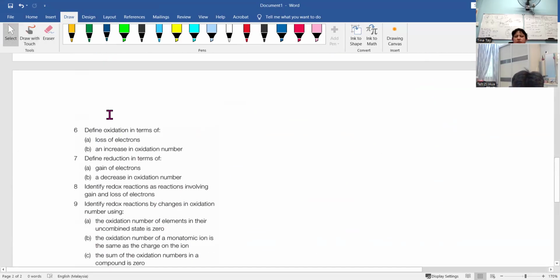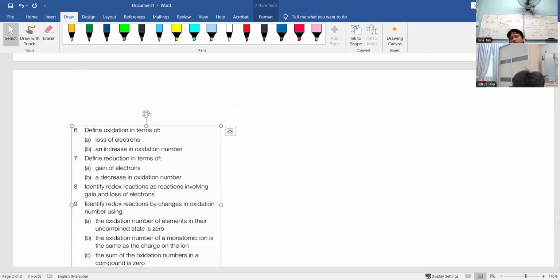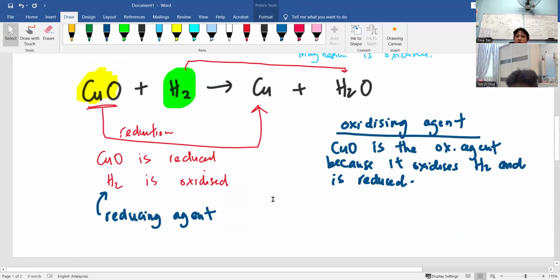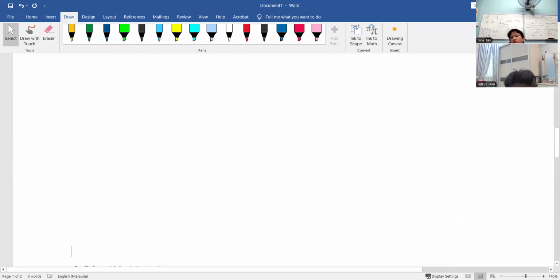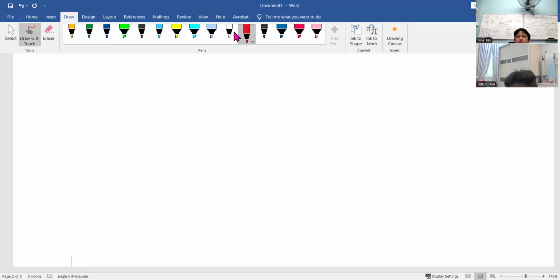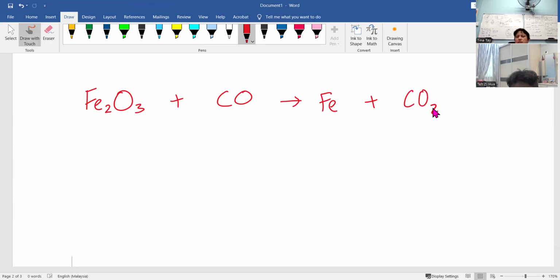Okay, let's try one more. Can you tell me who is oxidized?